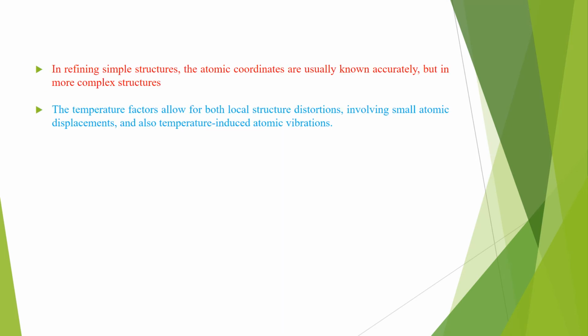In refining simple structures, the atomic coordinates are usually known accurately, but in more complex structures, various kinds of local structure distortions are possible, which cannot be determined individually but are averaged in the final refinement data. The temperature factors allow for both local structure distortions involving small atomic displacements and also temperature-induced atomic vibrations.